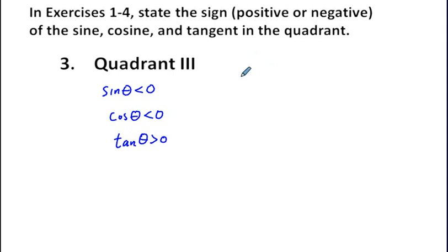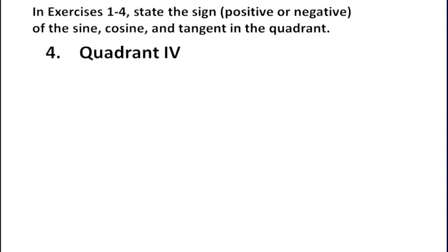Why? Because a negative divided by a negative, and in this case sine and cosine are both negative, gives a positive. Okay, let's go to the next set.